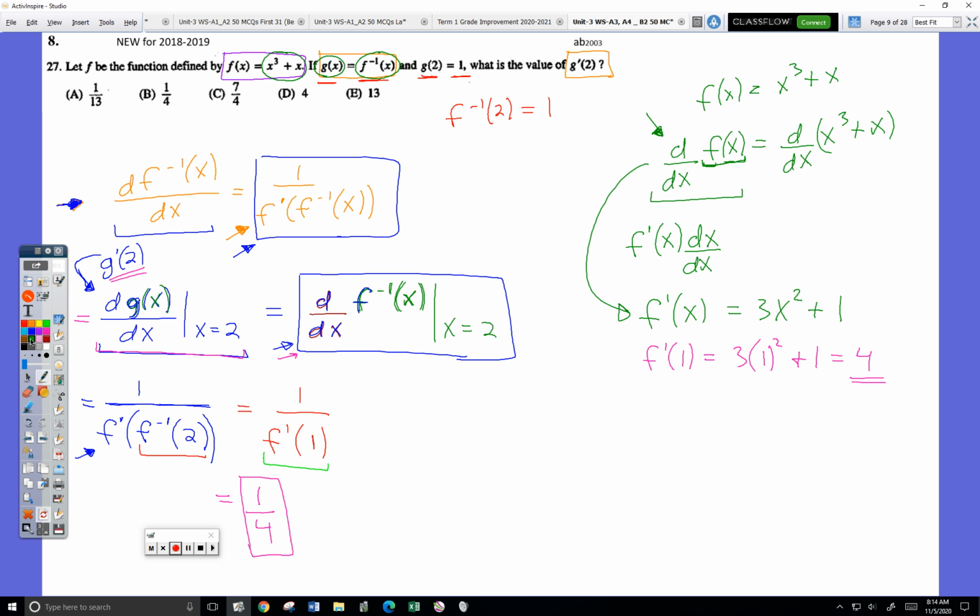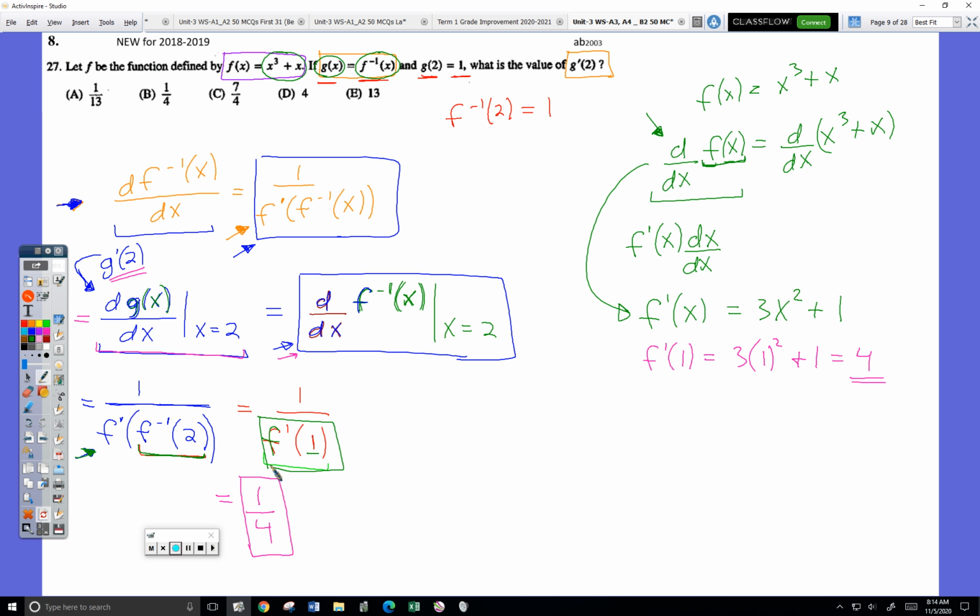So, are you okay with this one here? Yeah. So are you okay that f inverse of 2 is simply 1? Yeah. Awesome. Are you okay with how we found the formula? So it goes back to kind of what Jonathan was saying. When you see this, you should be thinking, oh, I need to know the value of the f prime function when x is 1.